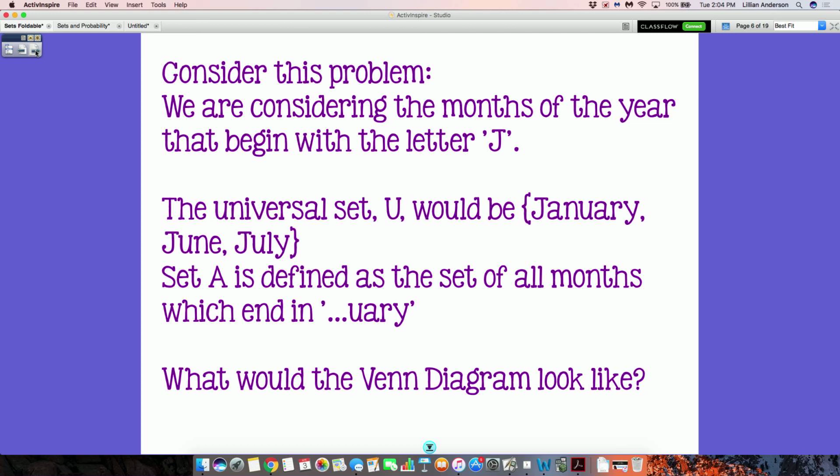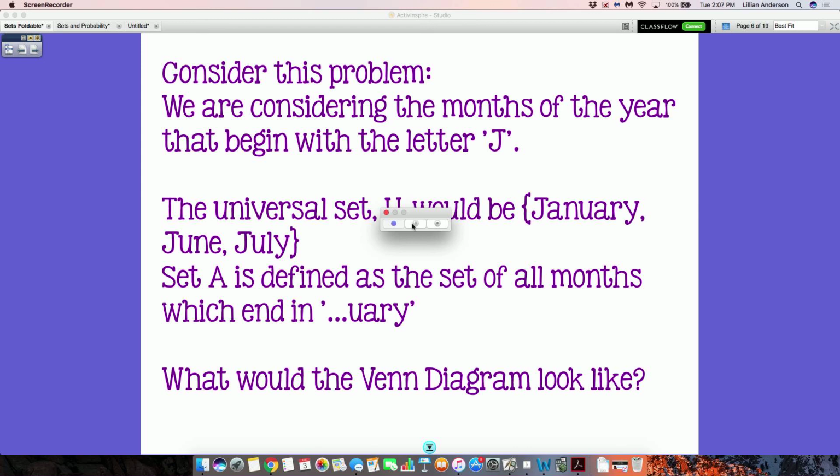Now it says set A is defined as the set of all months which end in uary. On your desk, I want you to draw what this Venn diagram would look like. I'm going to give you a minute to do that. You are representing this universal set and set A in a visual.